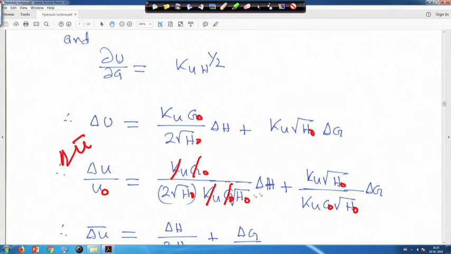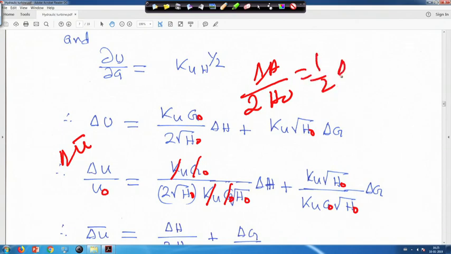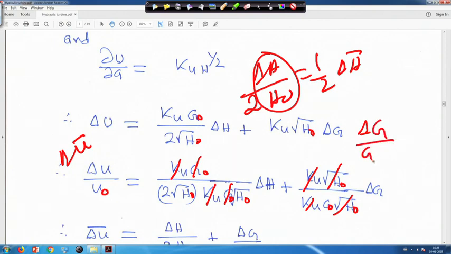So, it will be delta h divided by 2 h 0, right. So, it can be written as half delta h bar, that means this term is also normalized. Similarly here, h 0 will be cancelled, ku will be cancelled, it is actually becoming delta g upon g 0. So, that can be written as delta g bar, it is normalized.